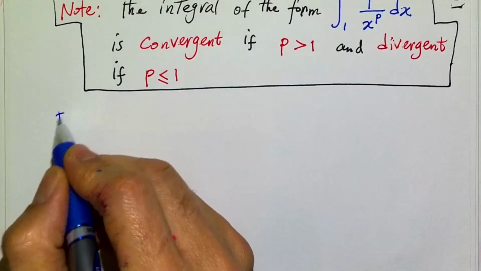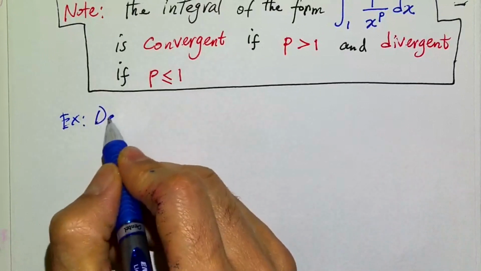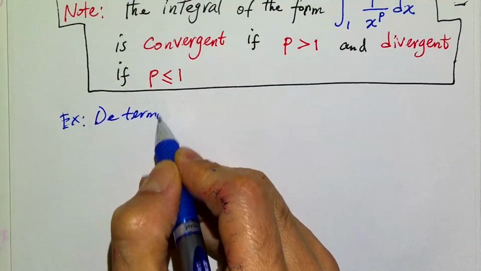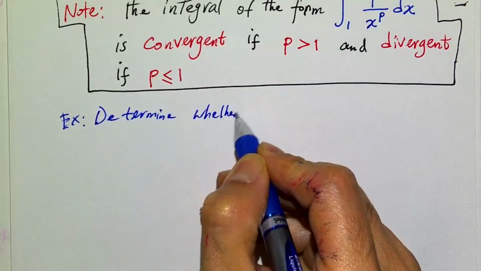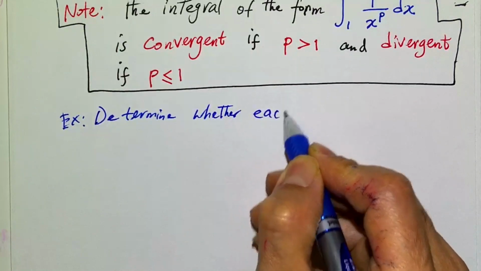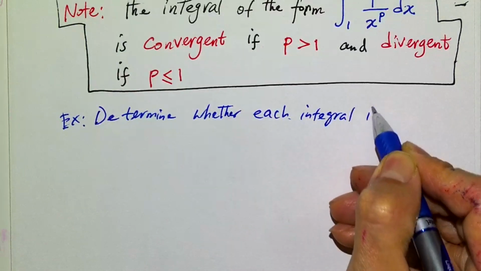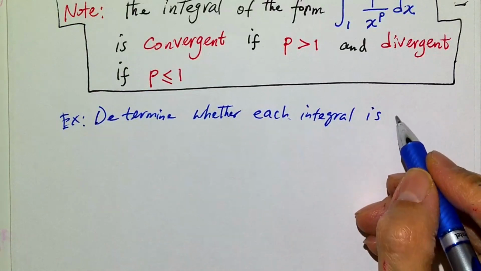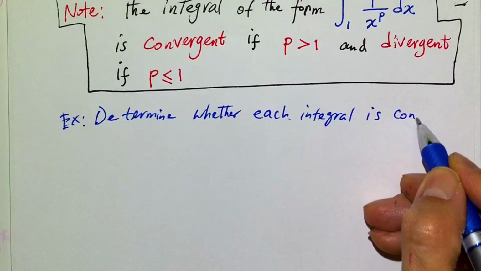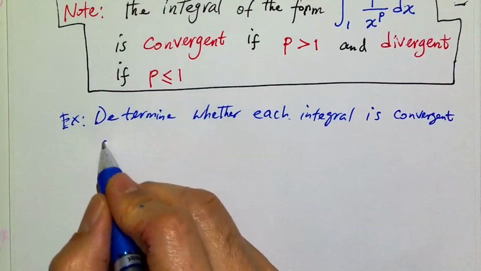Okay, so having said that, let's do some examples. Suppose we want to determine whether each of the following integrals that we're going to go through is convergent or divergent.